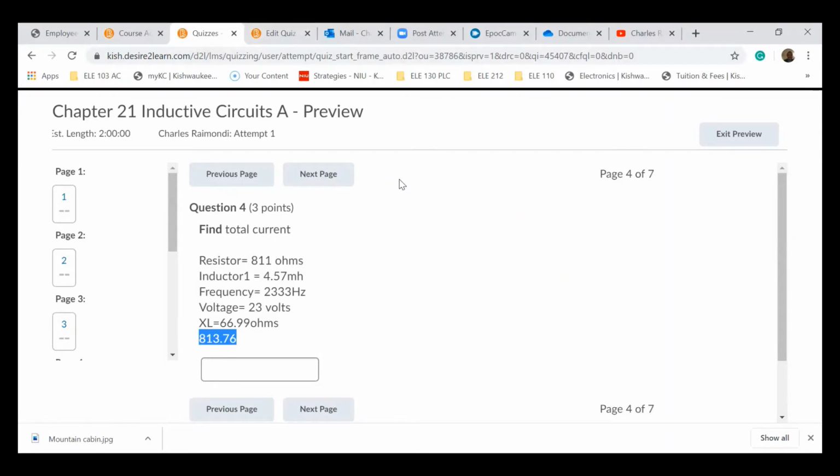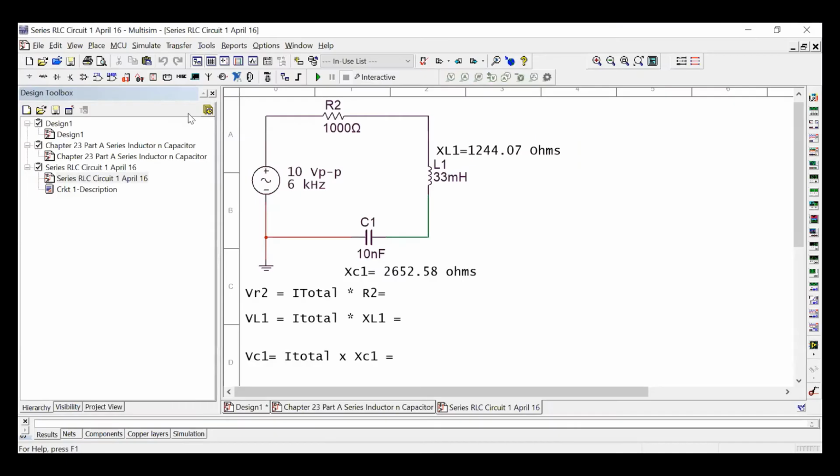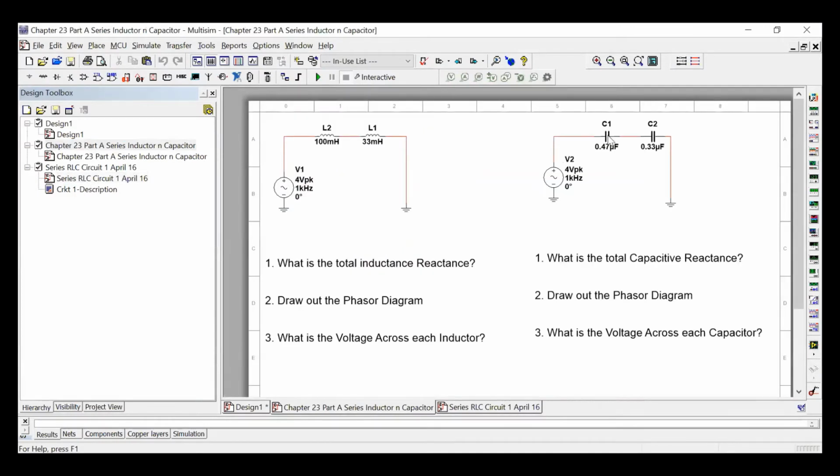Okay, this takes care of that problem. What we're going to do is move on to series inductors and capacitors. But before we do that, any questions on homework or quizzes that we've taken so far? Do you want me to do any problems for you?